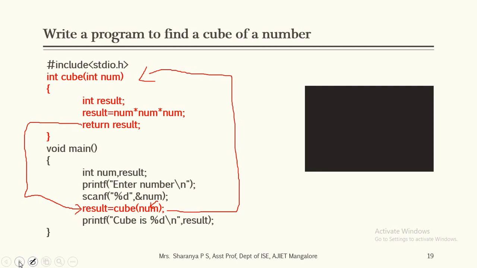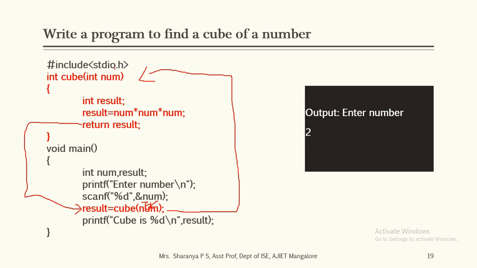So how would the output be? First, it asks the user to enter a number. Suppose the user has entered 2, now the num value is 2. The program execution will start from the main. Now the cube function will be called with the num value. So the control will move to the part of the program where the function definition is mentioned.